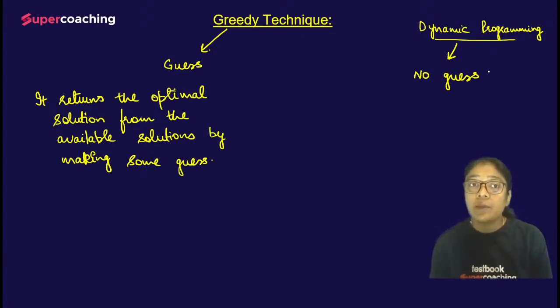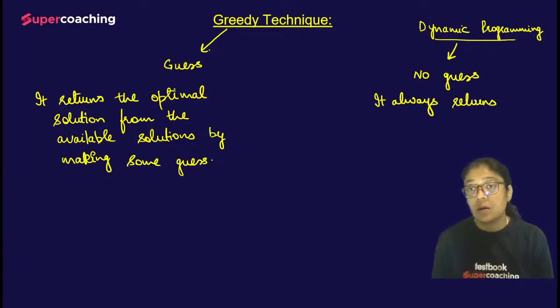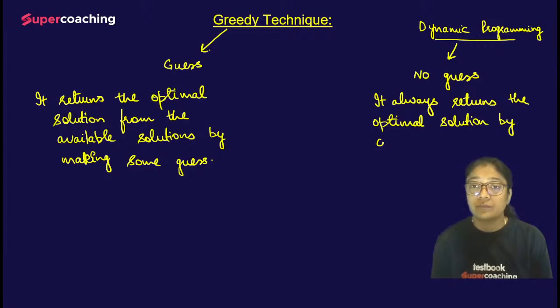Whereas in dynamic programming, it always returns the optimal solution by covering all the possibilities.